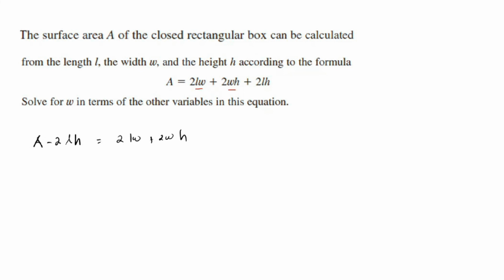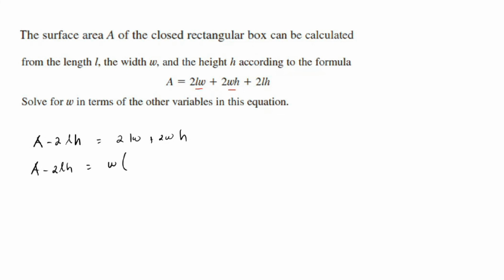Take note, we want to solve for W. Then in order for that to be isolated, I will factor out first the common W on the right-hand side. But of course, I'm going to rewrite on the left-hand side, we have A minus 2LH is equal to W, is a common factor. Then we divide.